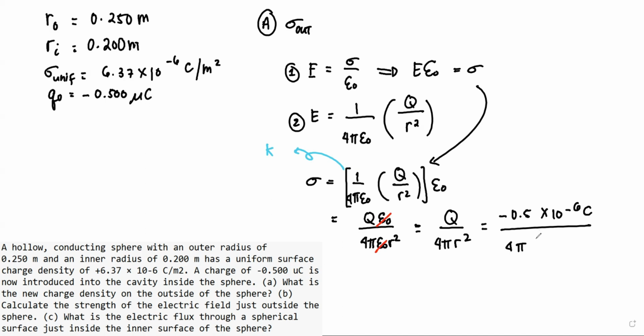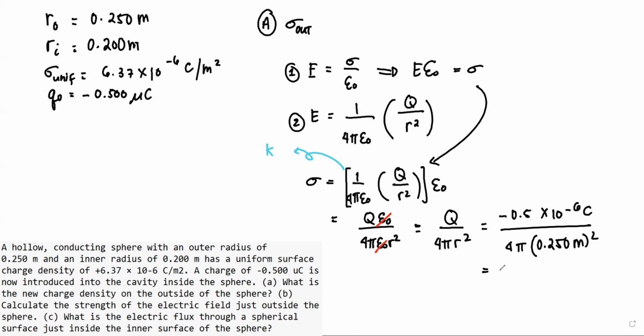R squared. Which part here? So you have to know if it's the 0.250 or 0.200. We're looking for the surface charge density outside. So we are going to be using the radius outside. That's 0.250 m squared. Make sure that you've got it in m, so you don't need to convert it anymore.